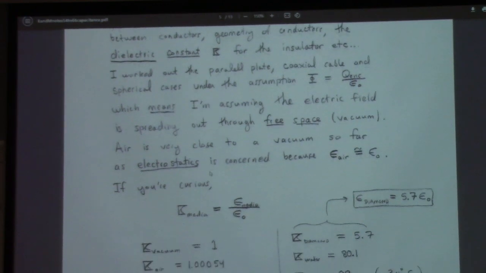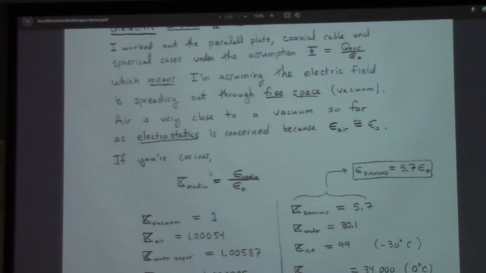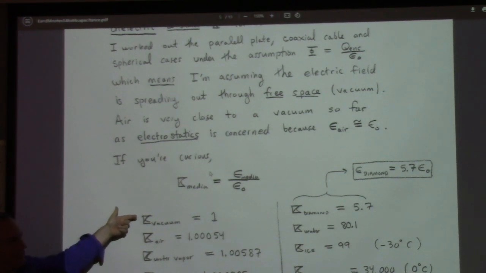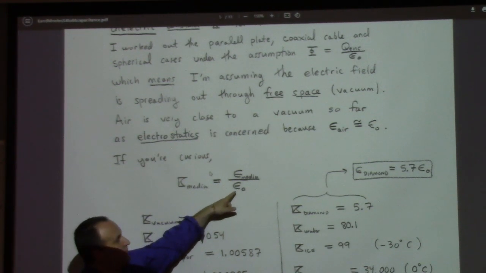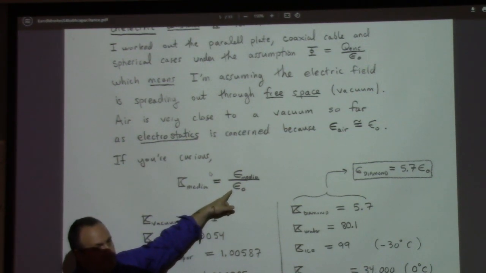Okay, so here's the deal. If you have an electric field which isn't spreading through free space, but through air, it spreads out differently than in the vacuum. You can define kappa for your medium, the ratio of the permittivity of the medium versus the permittivity of free space.